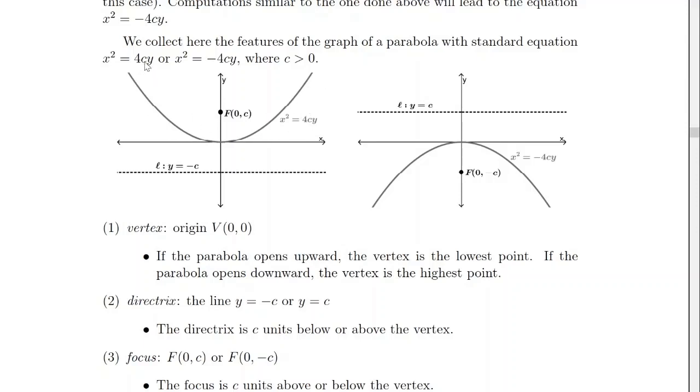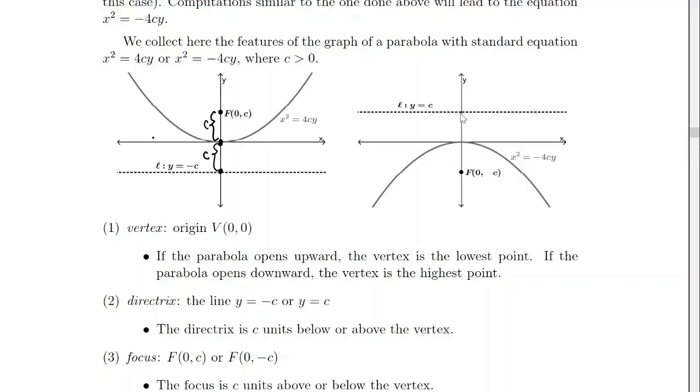4 is a constant, and c is the distance from the focus to the vertex. This is distance c, and also the distance from the vertex to this point on the directrix. So the distance here is equal to the distance here, and let's call it distance c.